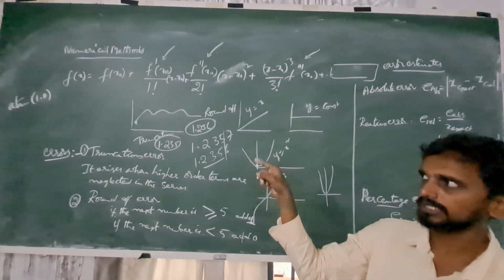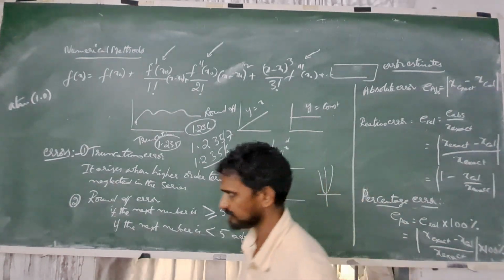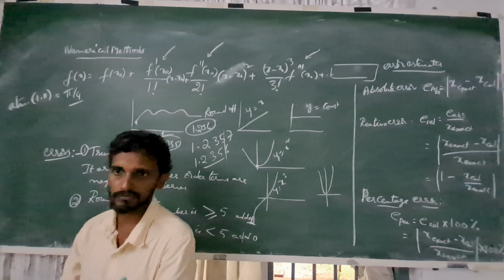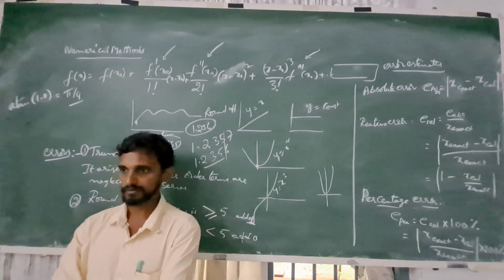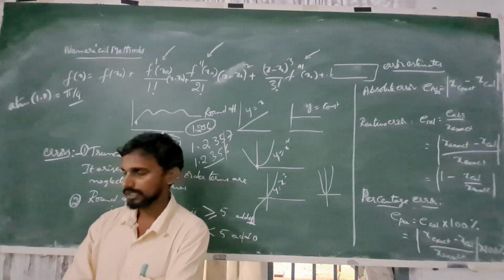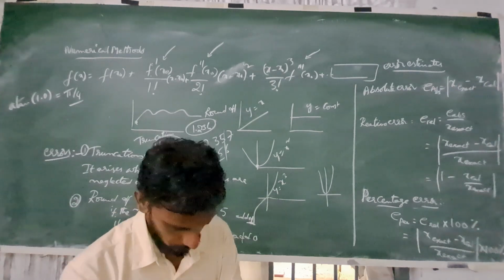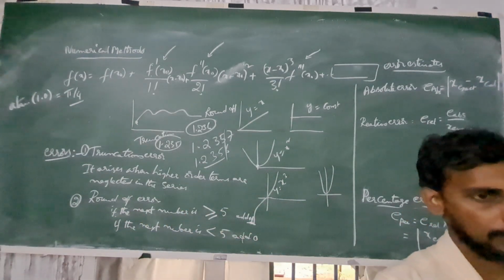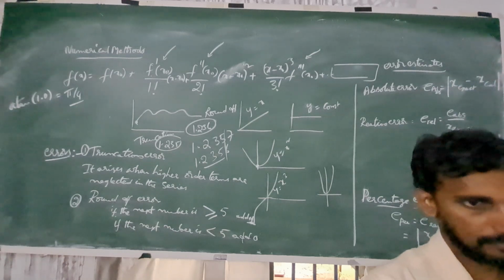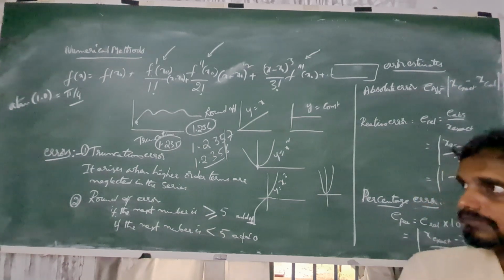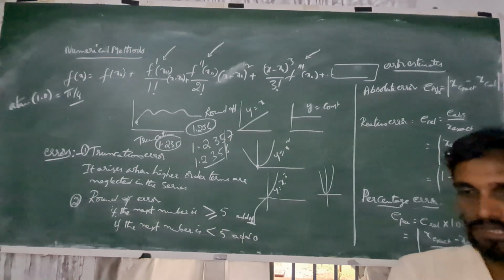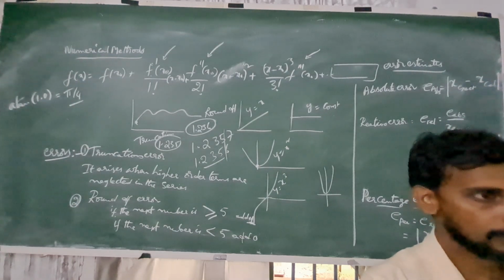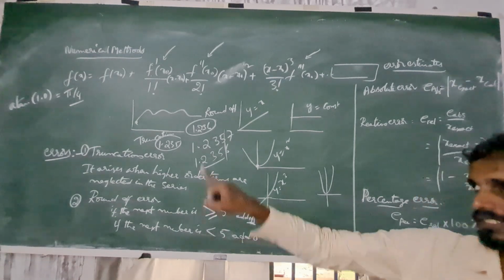So if you go for arc tan 1.0, this value is equal to pi by 4. You can compare that value with any Taylor series expansion of sin x or cos x functions. You can even take the Taylor series expansion for tan x. So this is the exact value.